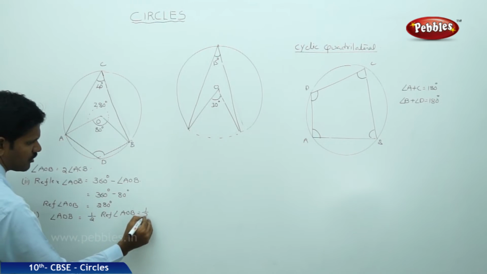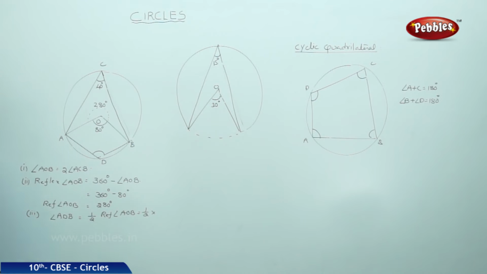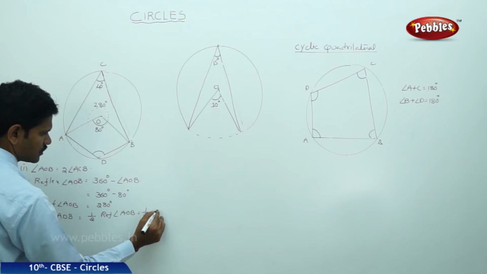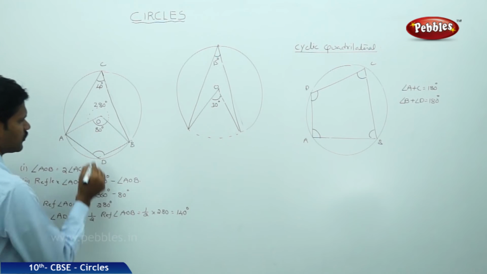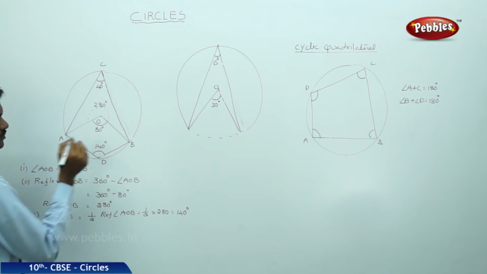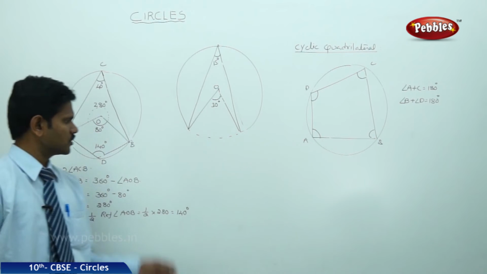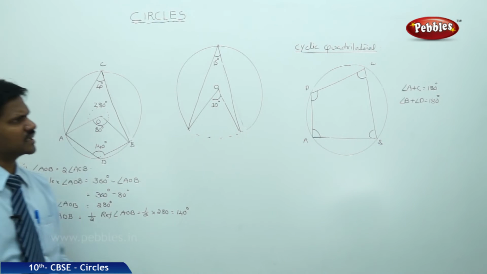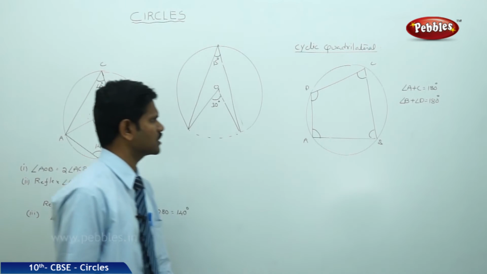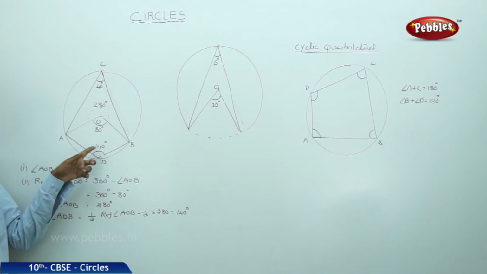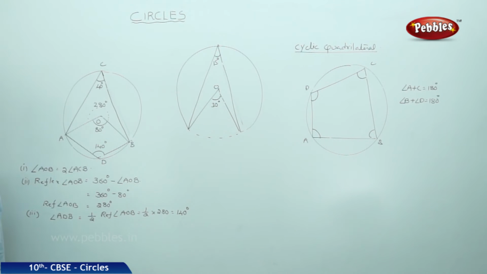That is, half into 280, which is 140 degrees. Now, we just discussed that the opposite angles of a cyclic quadrilateral sum to 180 degrees. Let us check with the example. 140 plus 40 is 180. That is, the opposite angles of a cyclic quadrilateral sum to 180 degrees.